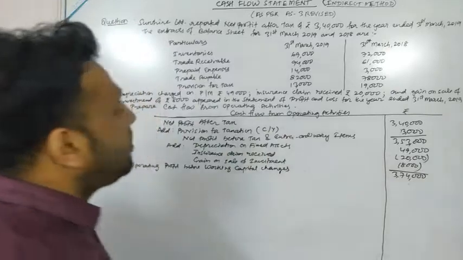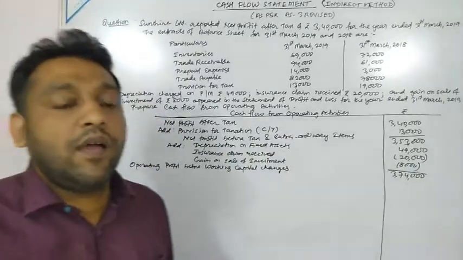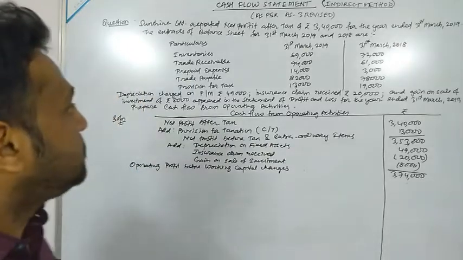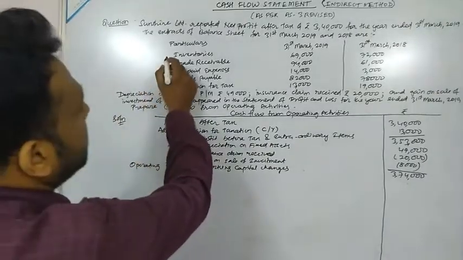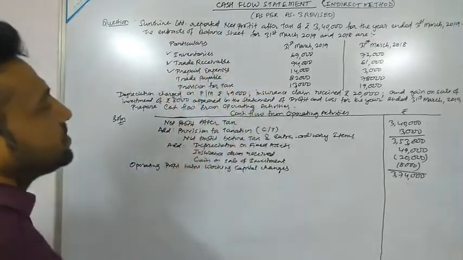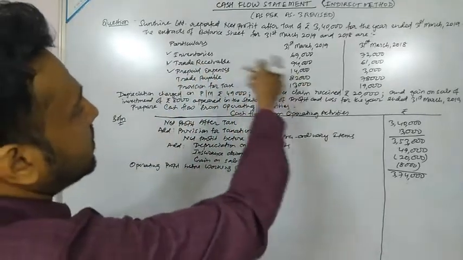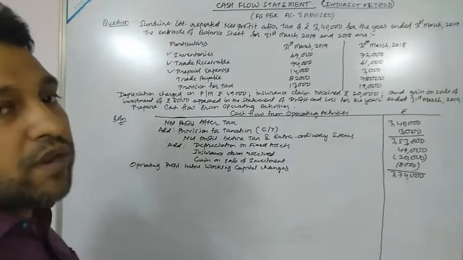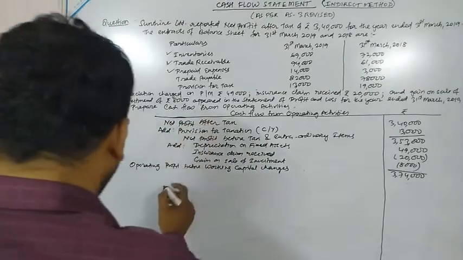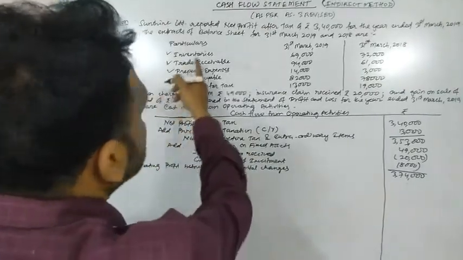Now what we have to do? We have to add decrease in current assets and increase in current liabilities. Your current assets are inventory, trade receivable and prepaid expenses. If current assets increase, then minus; if they decrease, then plus. So we'll see inventory.